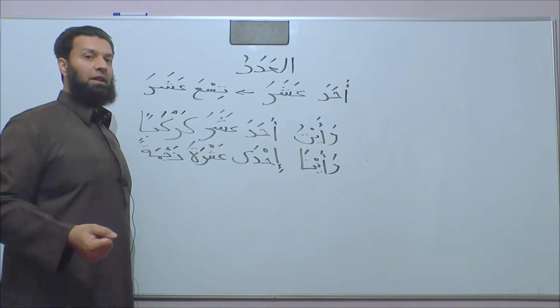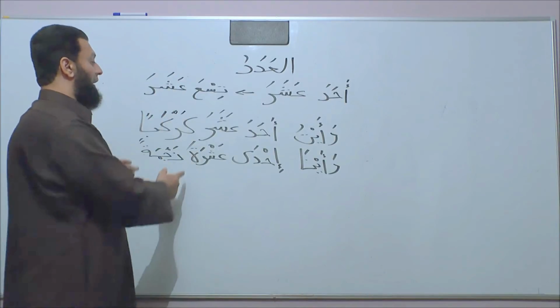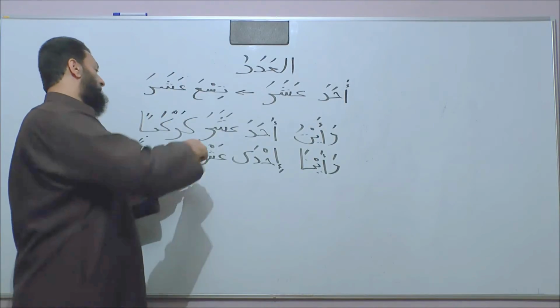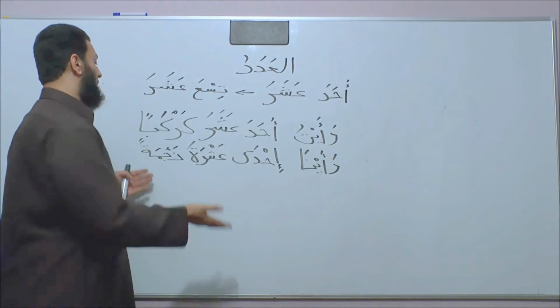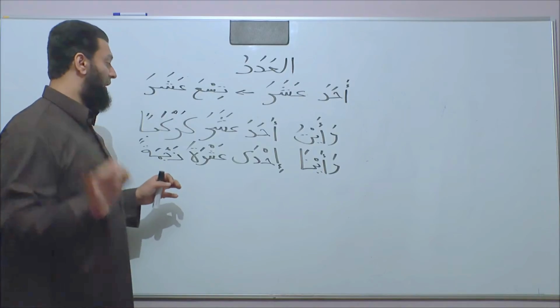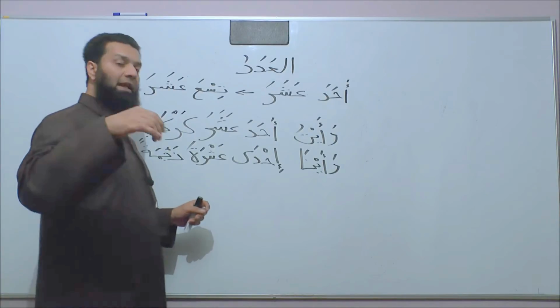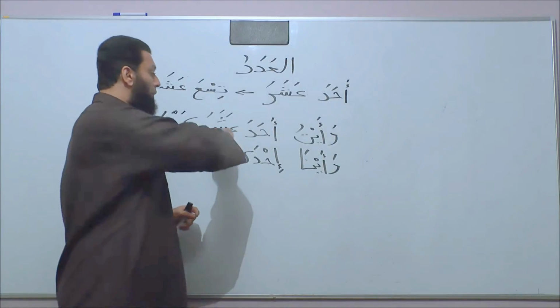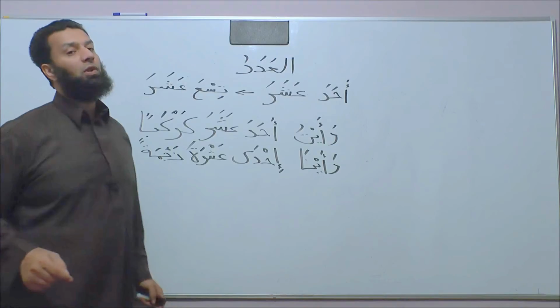So first of all, you're concerned with what word am I counting? If you're counting a male word, use the male number. If you're counting a female word, use the female number. Now 11 is easy. Why? Because in 11, the two parts of the number are the same gender as the word you're counting.